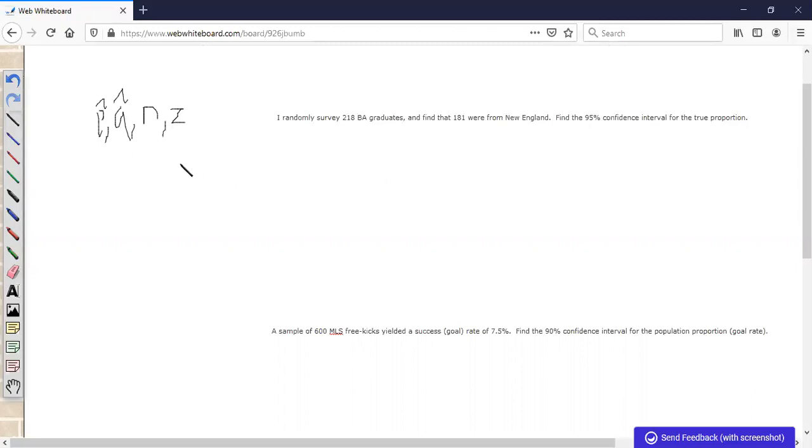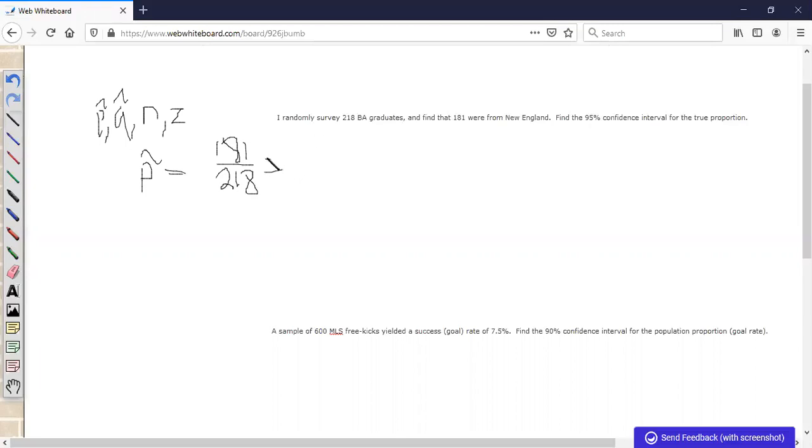So p hat is going to be the number that have whatever quality we want. That's 181 over 218, our total sample size.